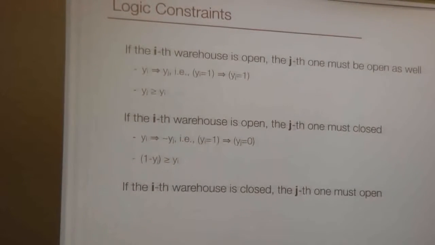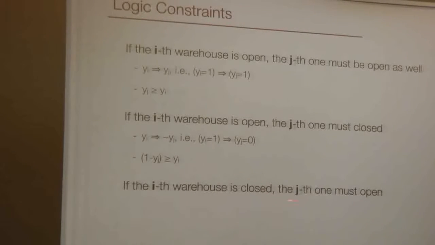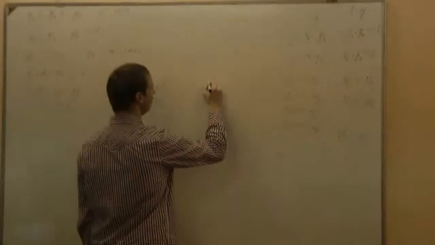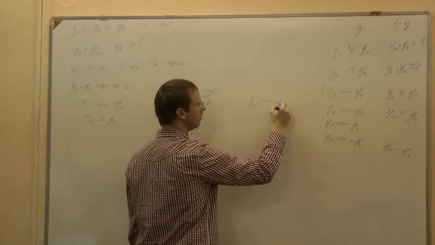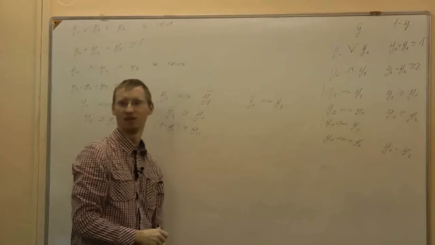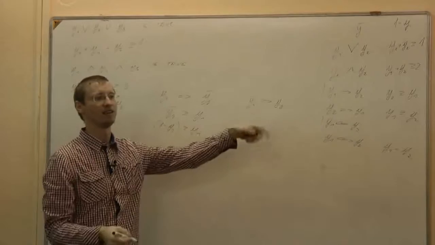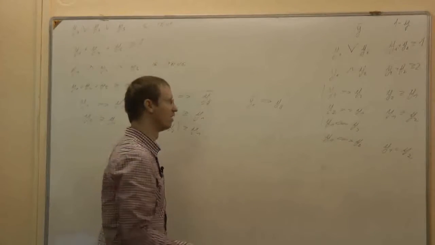Okay, one more. If the ith warehouse is closed, then the jth must be open, which is really kind of similar. So what do we have there? If the ith is closed, then the jth must be open. Okay. Let's make it something else as on the whiteboard.